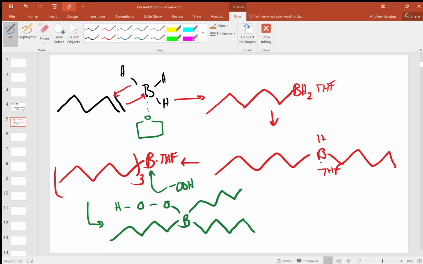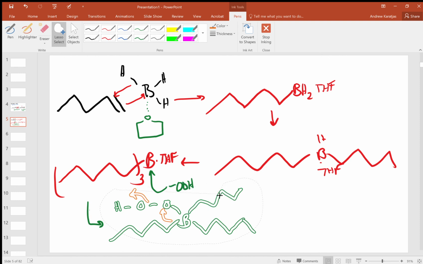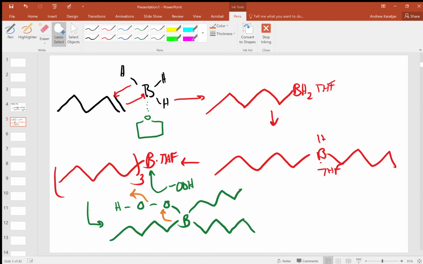From here, one of the carbon groups shifts over, grabs onto the oxygen, and kicks out hydroxide. To give us this intermediate.